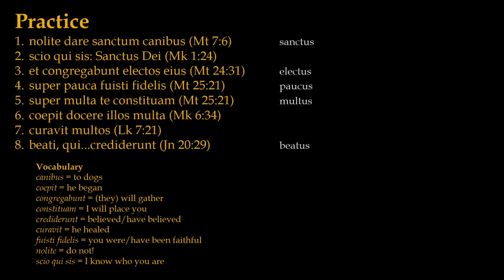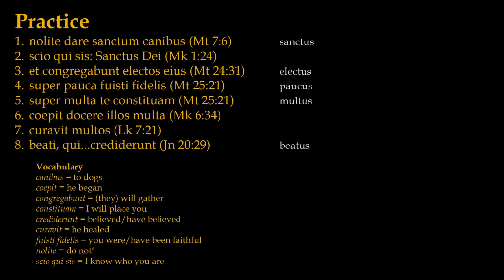So I will place you, te constituam, te meaning you're speaking to another person, singular. Te constituam, I will place you super, over, multa, much or many. Again, understood, much or many. What? Well, we'd have to figure that out from the context. But I will place you over many things. I will place you over many tasks. I will place you over many people, something like that. So we have to figure out what the multa is related to from the context, but the context will tell us what that is. Substantive adjective.